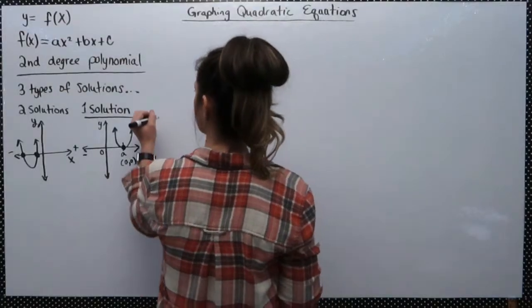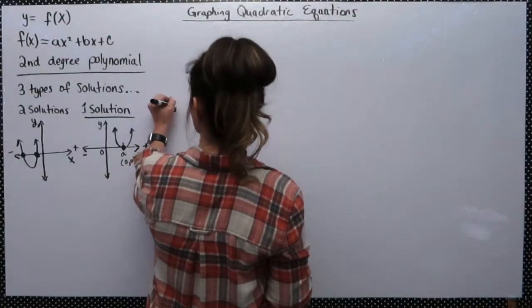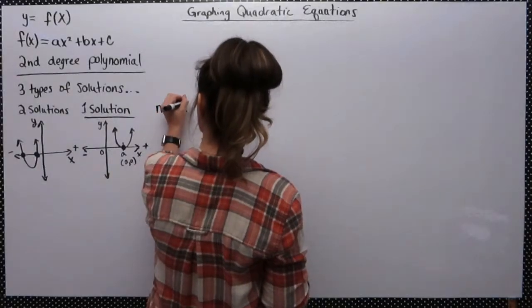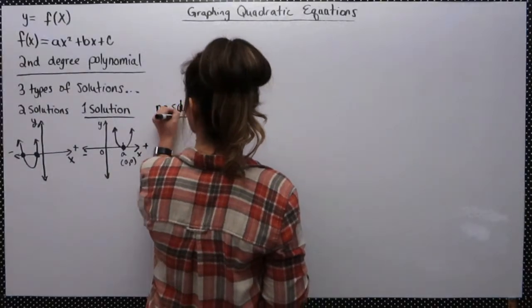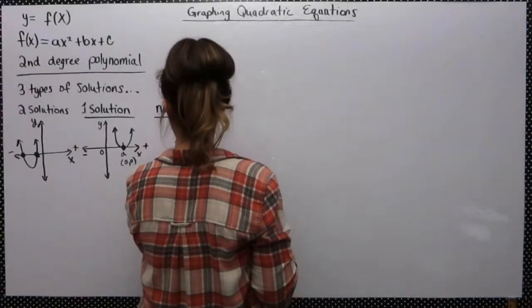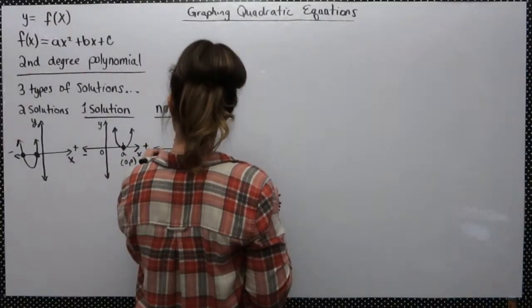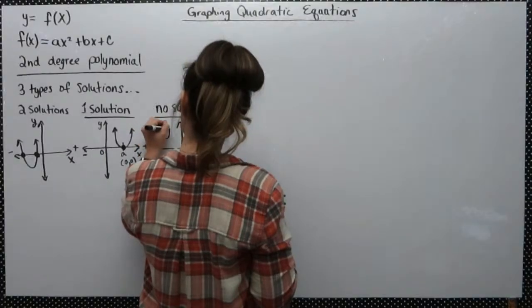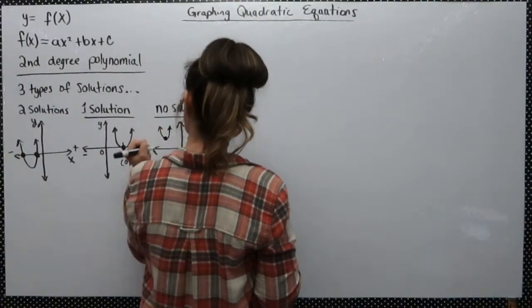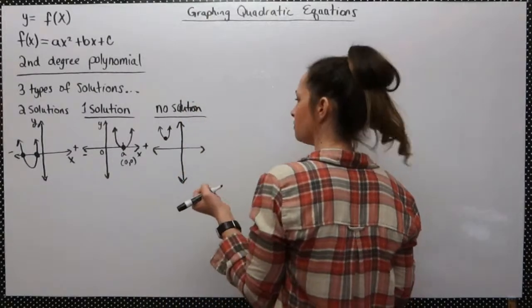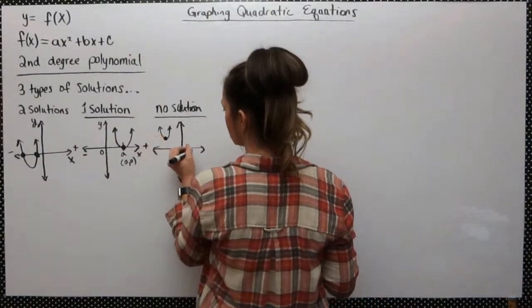And then you can have no solution. What that means is that it's not touching the x-axis. There will be some other values going on here, but it's not crossing.